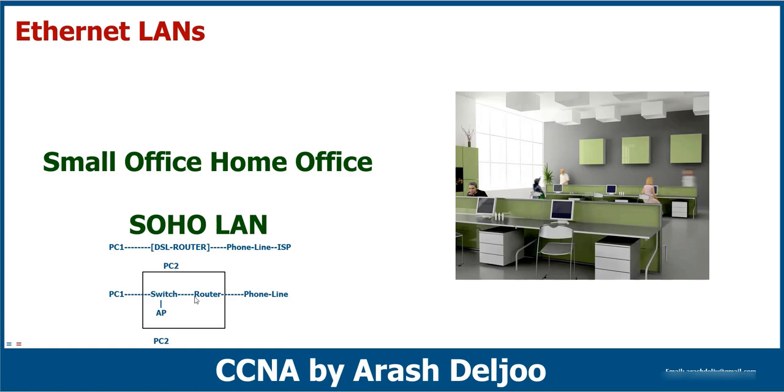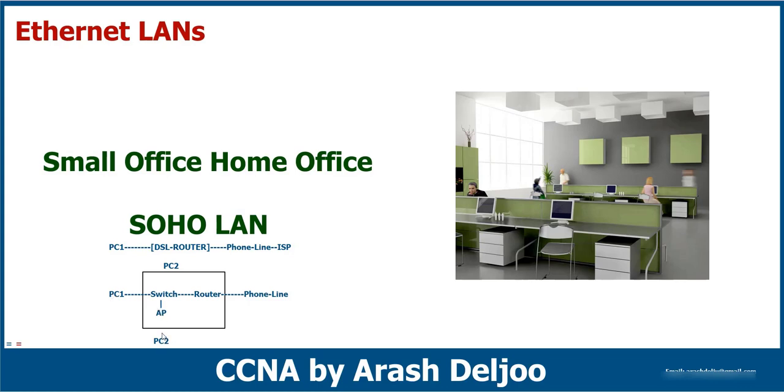In home or SOHO, maybe we don't have an experienced administrator, and we can't use one administrator for configuring the router, switch, AP, or other things. Because of that, we buy one box from the market. After installing it, we can easily connect it to the phone line, and after that we will receive internet in the wired connection and also in the wireless connection.